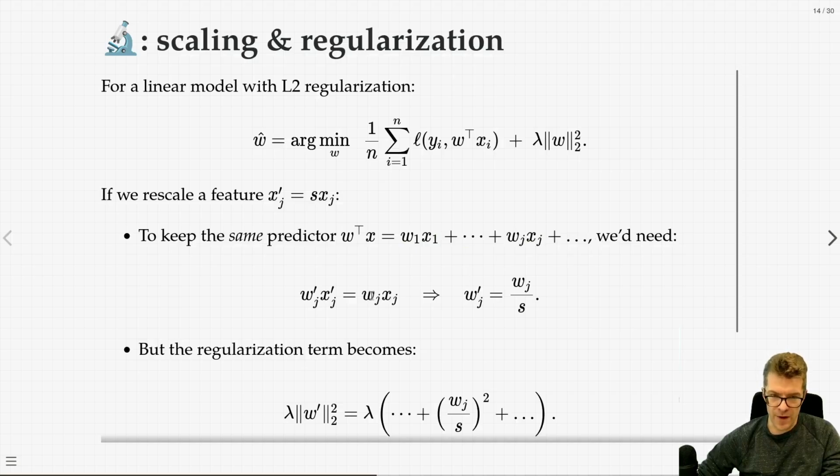We would need to modify everything. To keep the predictor w prime sub j times x prime sub j being the same as w sub j times x sub j, we would need to also scale our weights by the same factor s. You can work this out yourself, but hopefully this should be obvious to you.